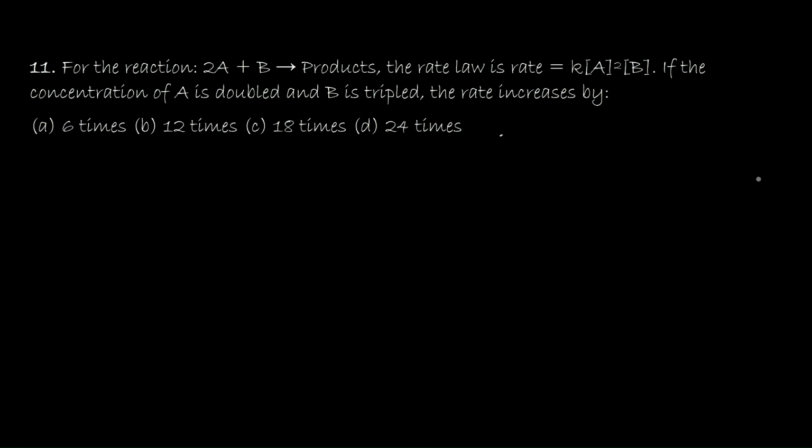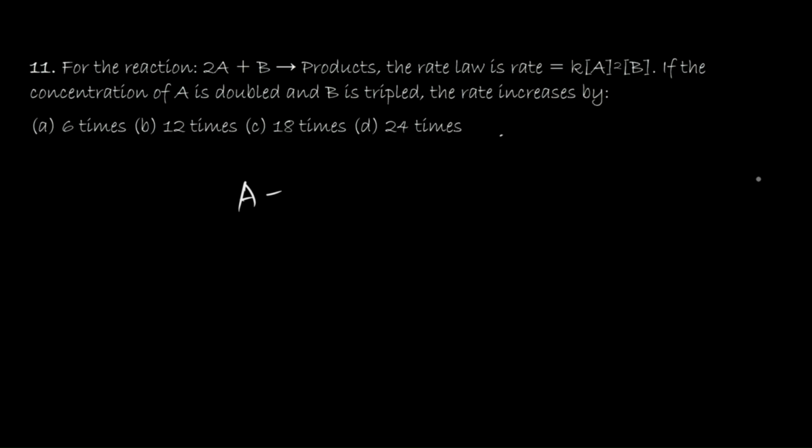For the reaction of A plus B giving products, the rate law is given. If the concentration of A is doubled and B is tripled, what will happen to the rate?